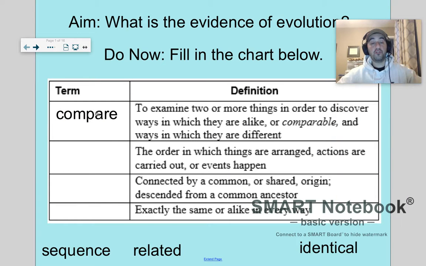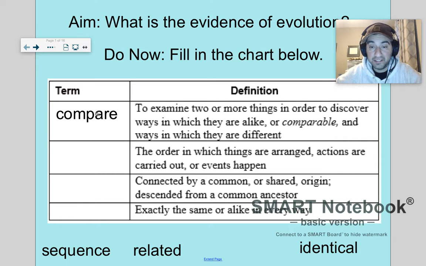When you compare something, you are looking at how they are alike or different. You're comparing apples to oranges, or maybe two types of whale species or two types of dog species.